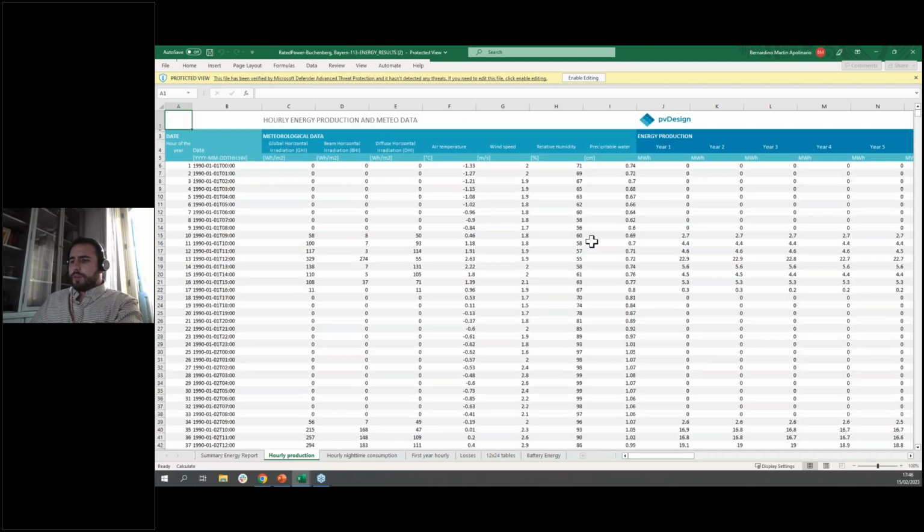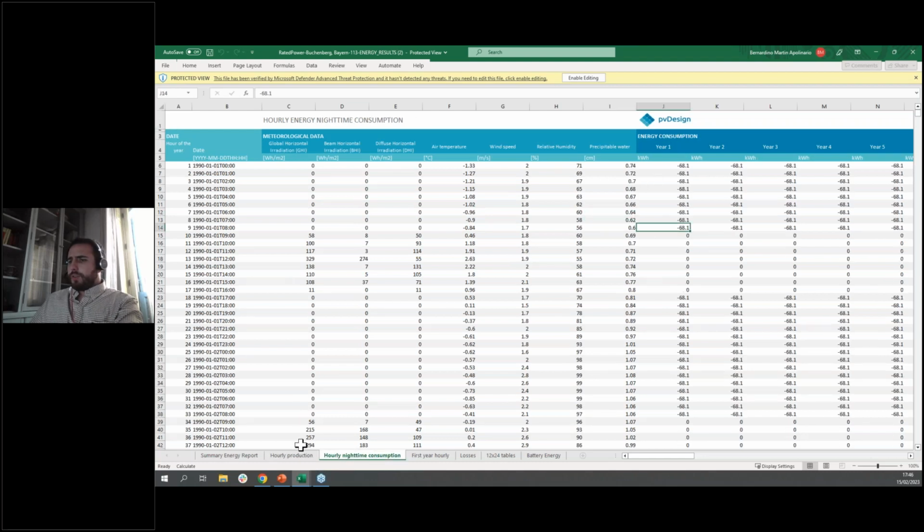We also have the nighttime consumption. This is important because we are going to generate energy, but we are also going to consume some energy during the nights, and this has to be discounted from the PPA agreement, or it will depend, I think, on the case.